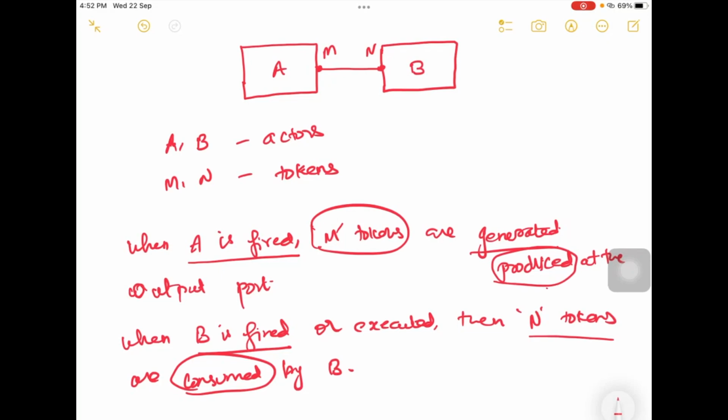Tokens are generated when particular actors are fired, and consumed when particular actors are fired.